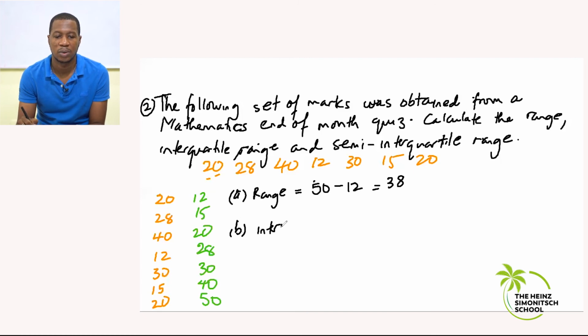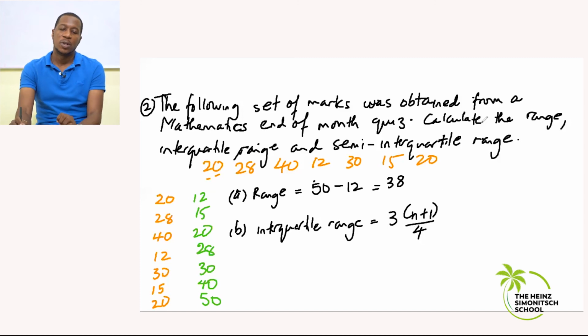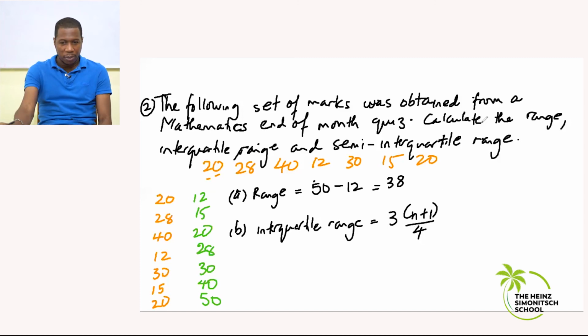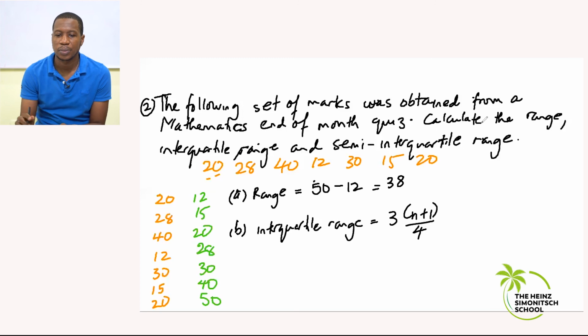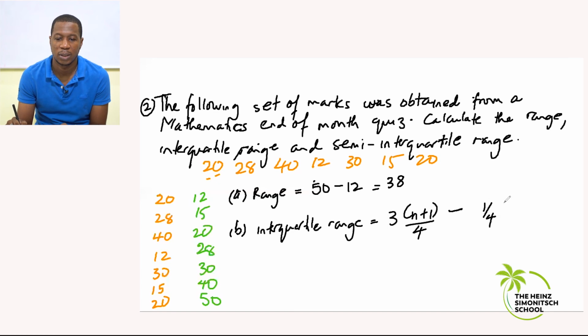The interquartile range would be 3/4 of the number of objects plus 1, and you'll find the difference there with your lower quartile.